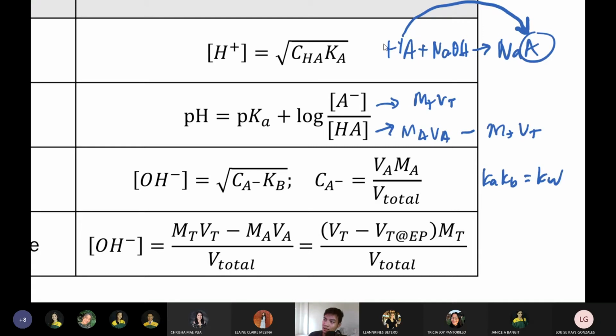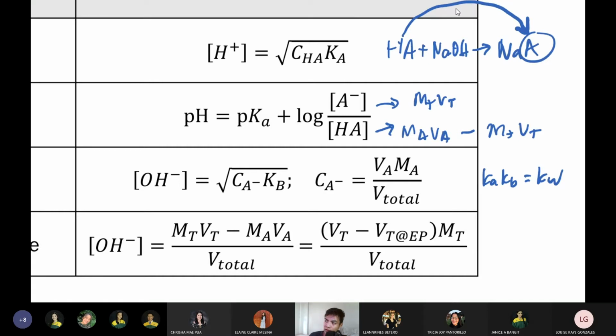But again, it is preferred that you use the analyte. Why? Kasi lahat ng analyte na-convert na into the conjugate base. Yun yung knowledge natin dito sa equivalence point. So, we use MAVA or the VAMA. Pwede mo pa rin gamitin tong MTVT, though we prefer to use this, no?